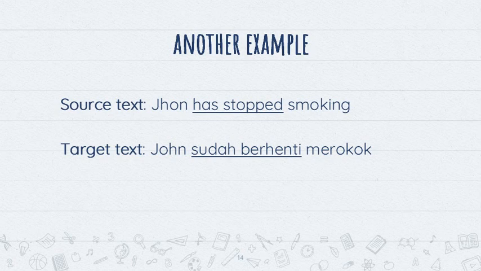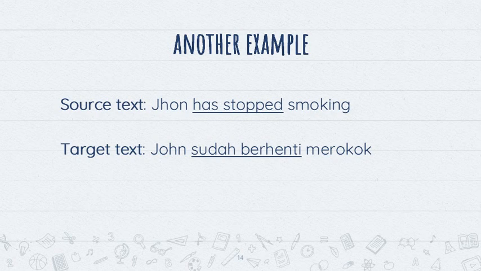The source text is present perfect of the underlined word has stopped, which is in the level of grammar. In the source text, also, it is translated into lexis sudah, which we can find in the target text or in the translated text.